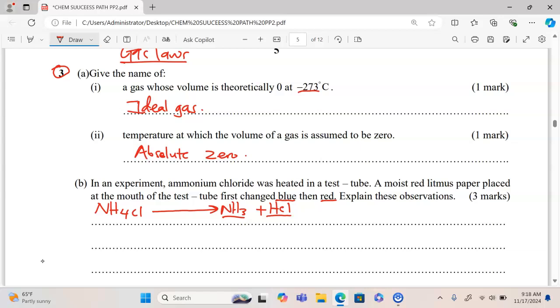So we can say, first, ammonium chloride dissociates into ammonia gas and hydrogen chloride gas. That is the first point.